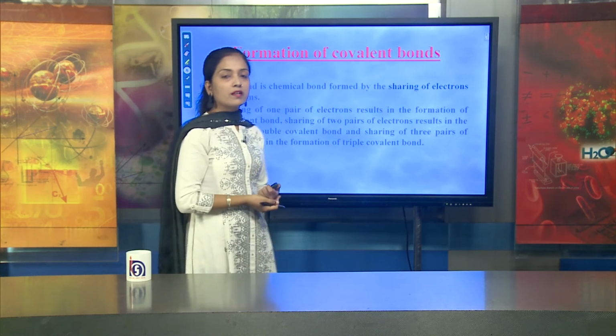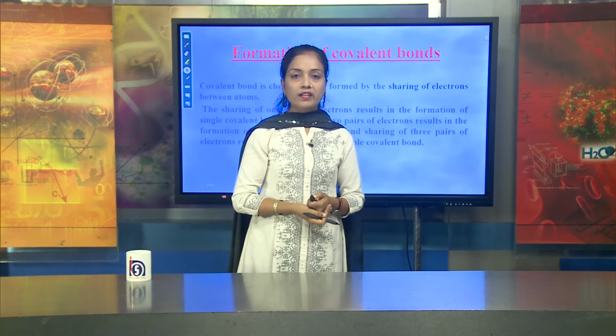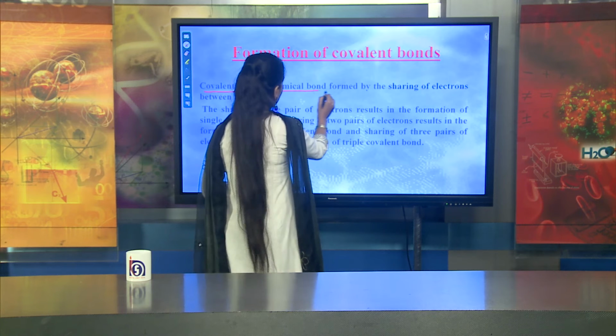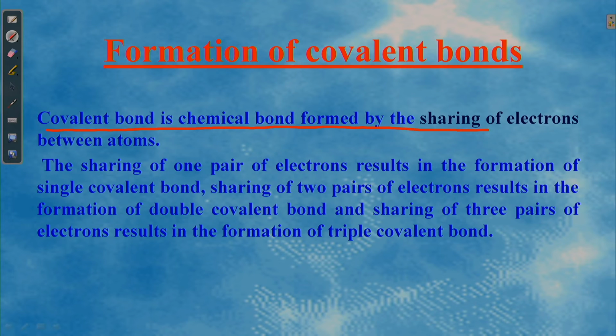Next we are going to discuss the formation of covalent bonds in different compounds. A covalent bond is a chemical bond formed by sharing of electrons between atoms. The sharing of one pair of electrons results in the formation of a single covalent bond.